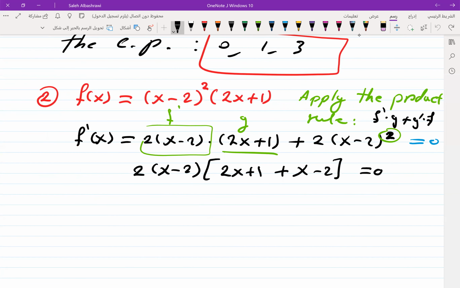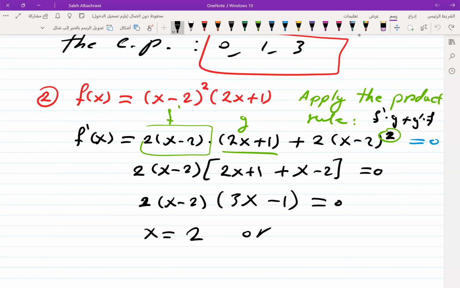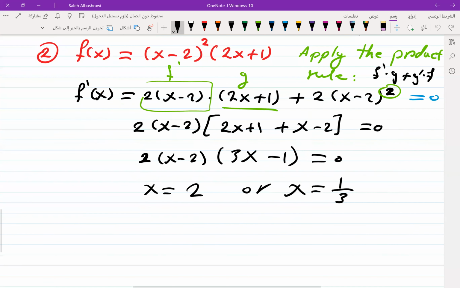So this is equal to 2 multiplied by x minus 2 multiplied by 3x minus 1 equal to 0. So either x equal to 2 or x will be 1 over 3 from the second bracket.